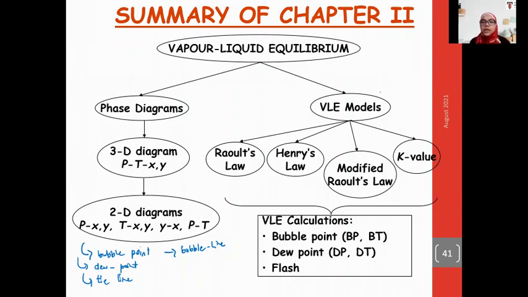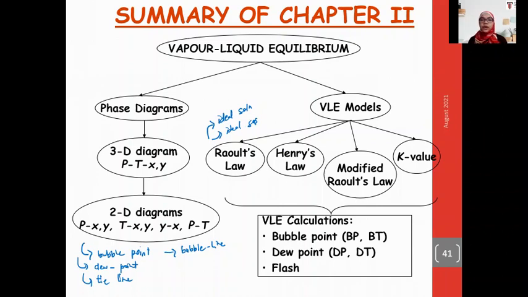So the next is to solve the problems related to VLE using the VLE models, Raoult's law. What is Henry's law? For Raoult's law, we have the ideal solution and also ideal gas. What is the limitation of Raoult's law?